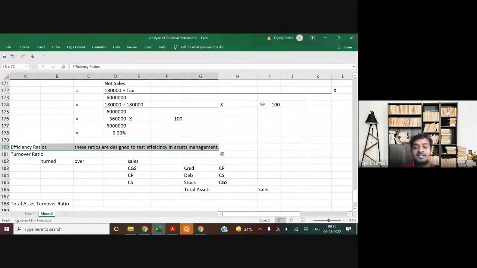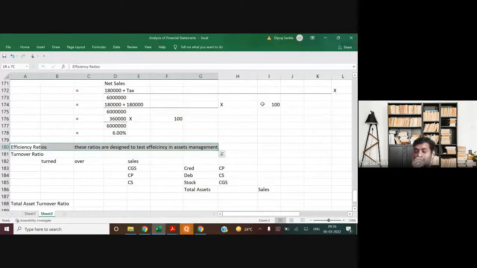See, in asset turnover ratio, how good total assets are utilized in generating sales, that we discussed, right? Okay, in stock turnover ratio, we discussed the liquidity quality of stock, or how frequently stock is replaced in inventory, right?